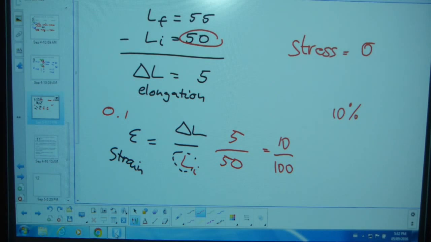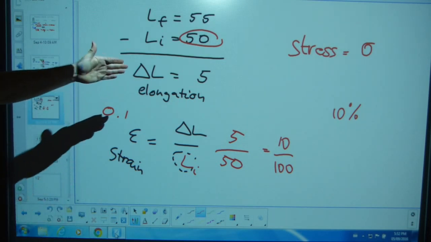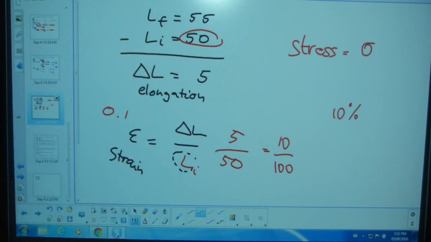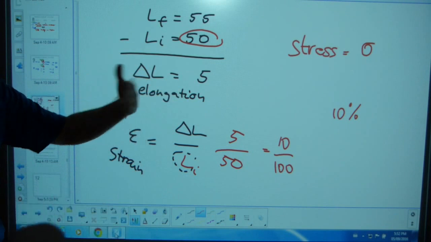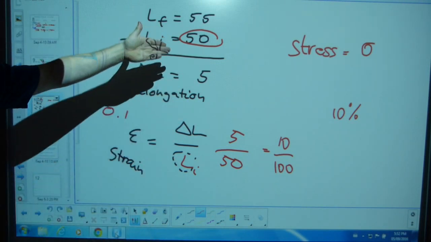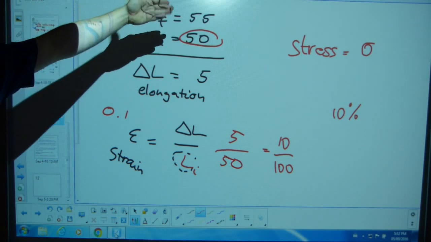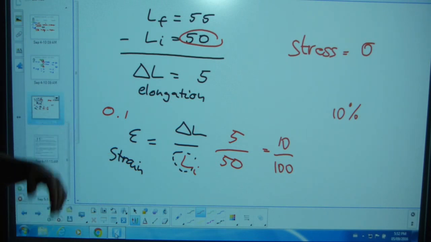The same math works for compression, but the difference in length will be -5 if it compressed, rather than +5 if it elongated. Initially it's 50, final is 45, so you have a difference in length of -5. Same stuff, just everything backwards or with negative numbers.